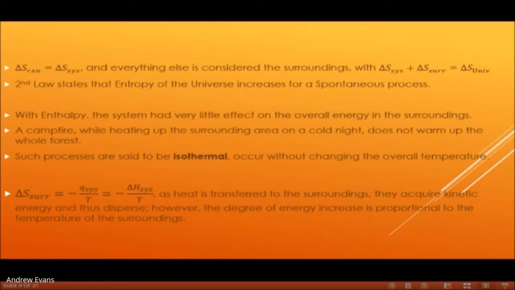But we just introduced right here that to find the delta S of the surroundings, we can look at the heat of the system. In fact, the inverse of the heat of the system, because heat lost by the system is heat gained by the surroundings. But because it's done isothermally, we have to account for the current temperature of the surroundings. So hotter surroundings means lesser change. Cooler surroundings means greater change. So let's apply that to a problem.